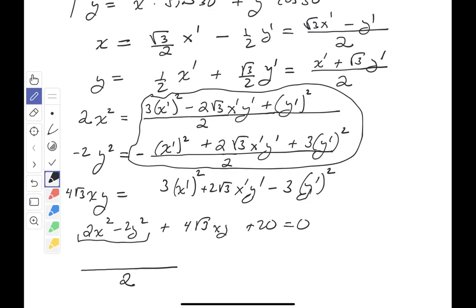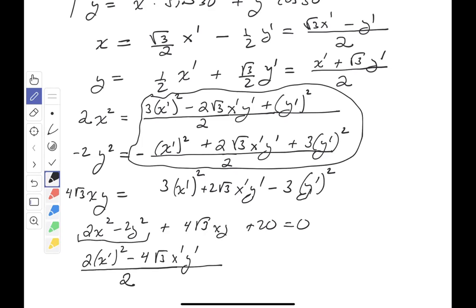Well, 3 minus 1 is 2. All right. And then what do you get? Well, you'd get minus 2 root 3 x prime y prime minus 2 root 3 x prime y prime. That's minus 4 root 3 x prime y prime.